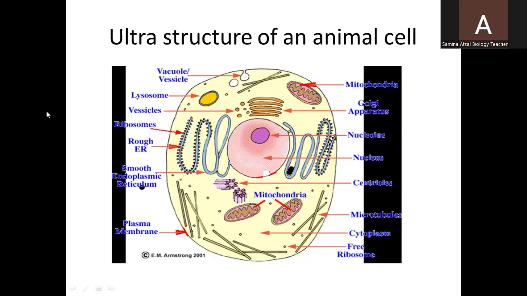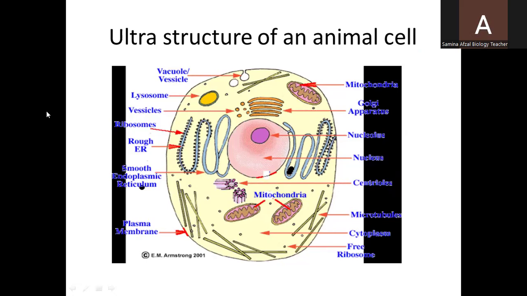So it is a deeper look into the cell's architecture beyond what is visible with a light microscope. It means the ultrastructure can only be seen with the help of an electron microscope. Here you can see the whole cell of an animal. Different parts, you can see the vacuole and vesicles, which are very close to the cell surface membrane.